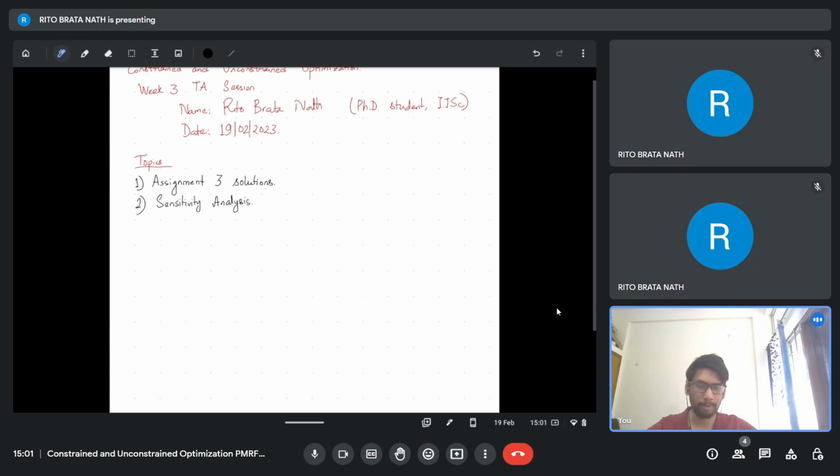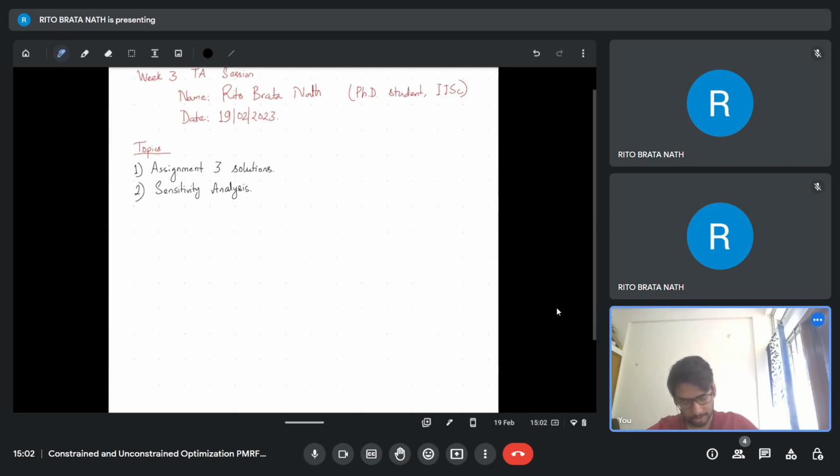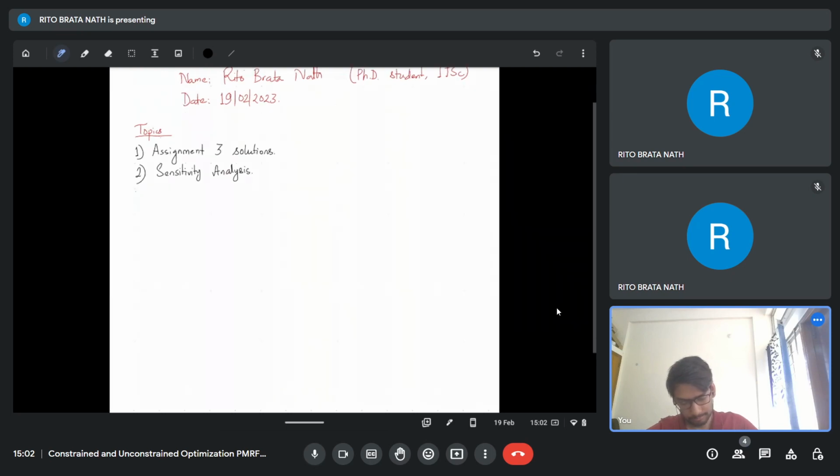Probably you won't find many questions from sensitivity analysis in the assignment, but it's good to know, and the concepts should be clear. The numericals could be a bit long, so that's why there isn't any present in the assignment, but that's fine. Then let's get into duality and the dual simplex method.